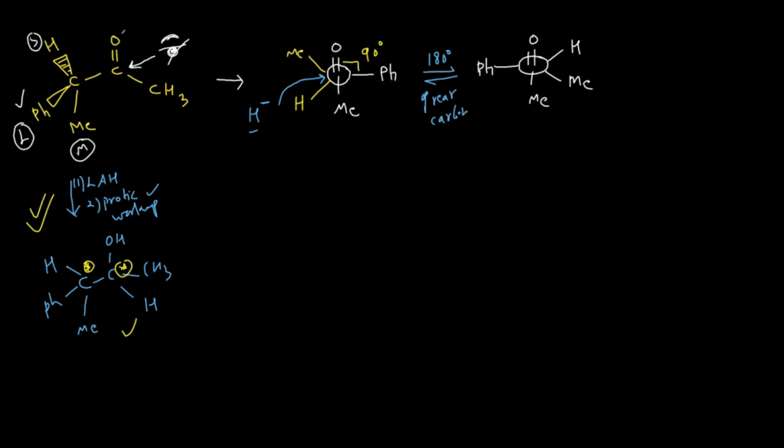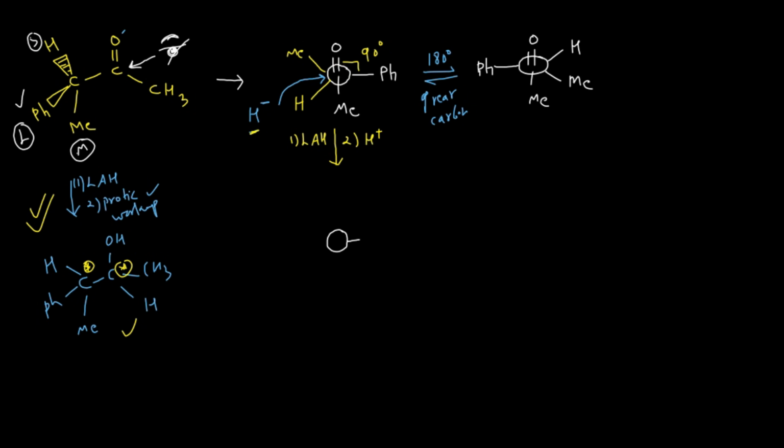Right, now I am doing my reaction here. So first of all, I will react with this LAH, lithium aluminum hydride, which will give you this nucleophile, okay? And after that, I will do the protic workup and I will write H positive for this one, protic workup. So what will happen, see, I am explaining to you, I am not disturbing the position of the rear carbon, okay? So I am drawing my rear carbon.